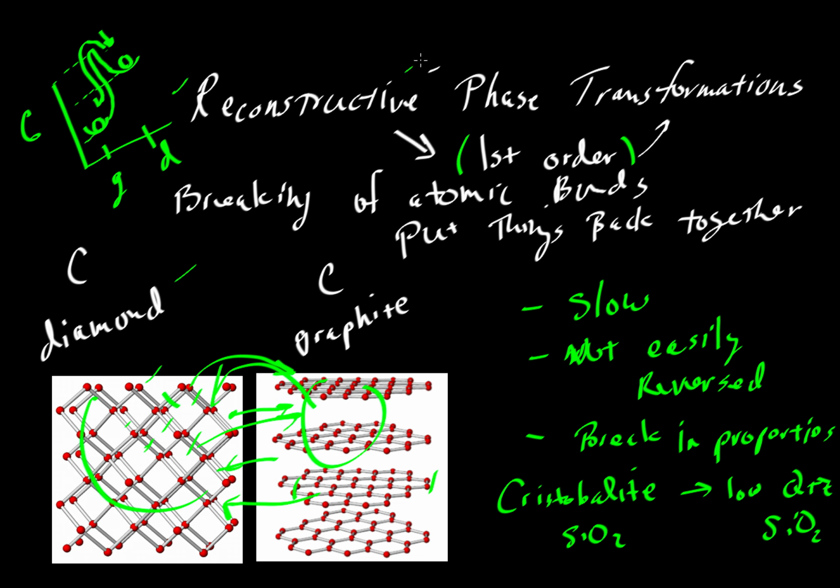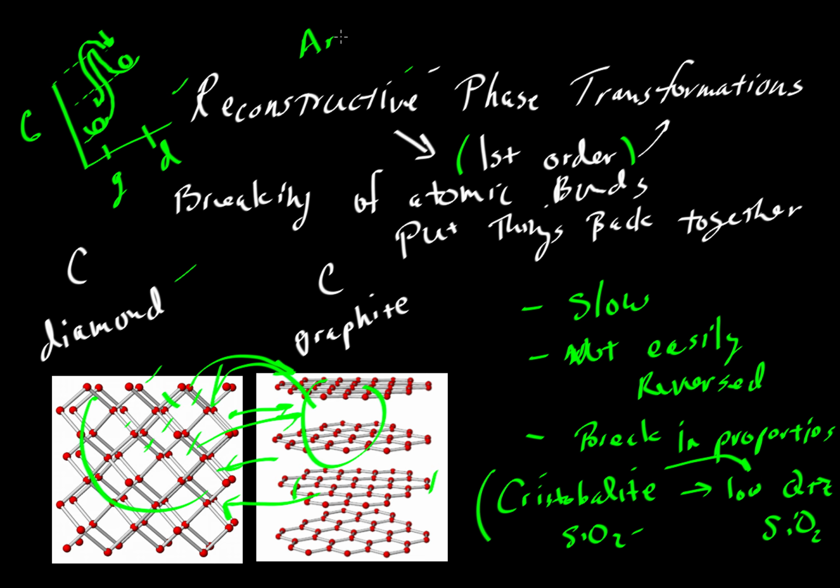It is another example of reconstructive phase transformation, and some lava flows that precipitate SiO2 will form it in the cristobalite phase. Even though it's sitting at the surface at much colder temperatures, there's a high temperature form, it doesn't easily convert to that low quartz form because we need to break those bonds and rip them apart. It's very hard to do at low temperatures.